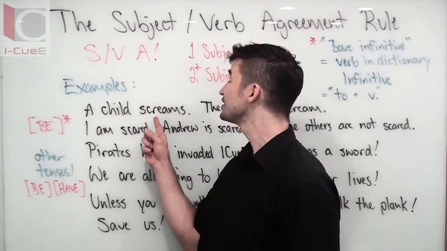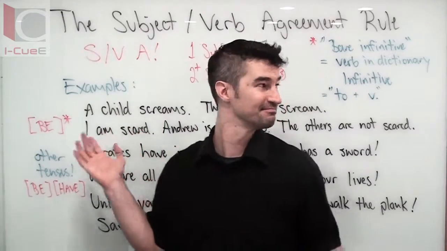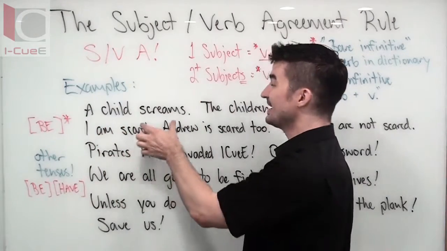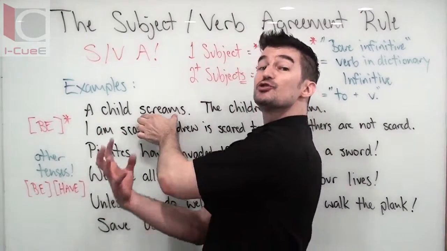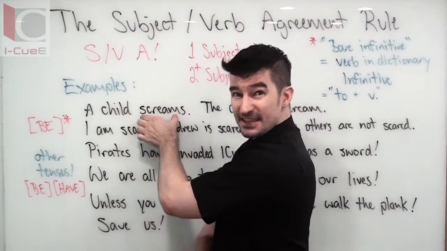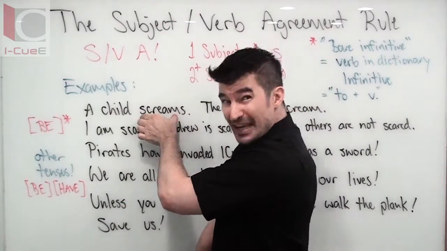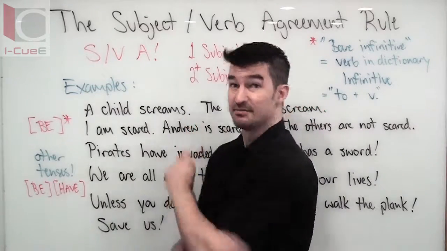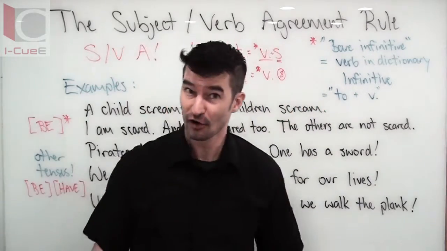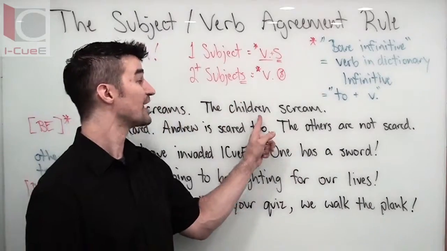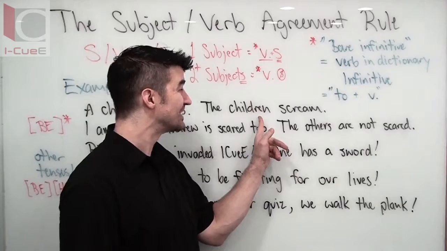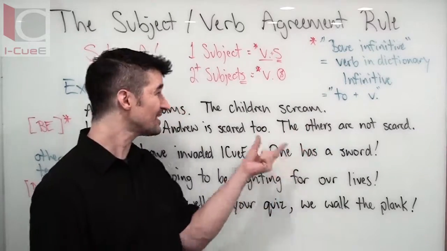A child screams. One child, this is the verb to scream. If we looked it up in the dictionary, it would just be scream, and all we did was add the S. A child screams. If I want to use the plural, if I want to show you with an irregular noun, the same sentence. The children scream.